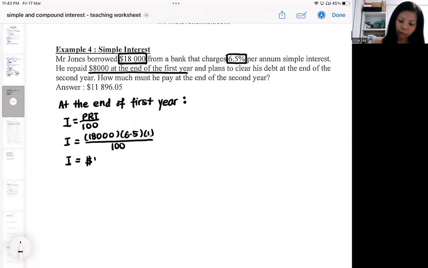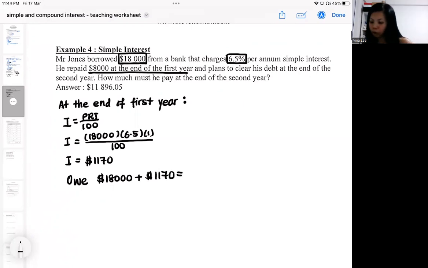He doesn't owe the bank this amount. He actually owes the bank 18,000 and the extra interest. So logically speaking, at the end of 1 year, he actually owes the bank this amount. But then he decided to repay 8,000 to the bank.